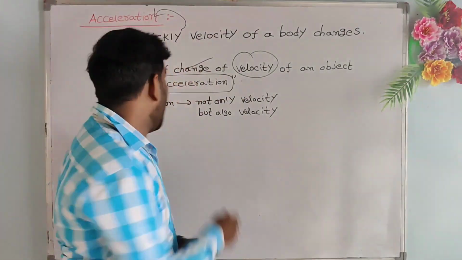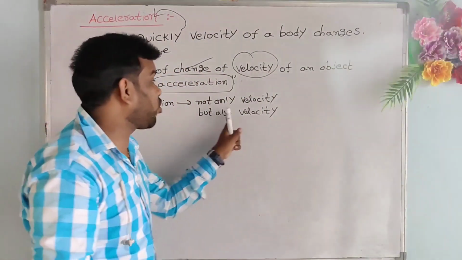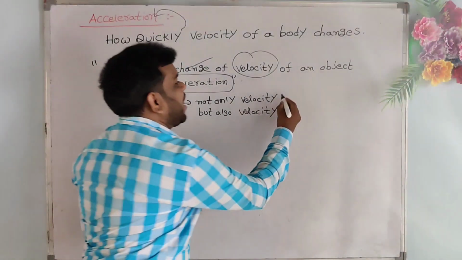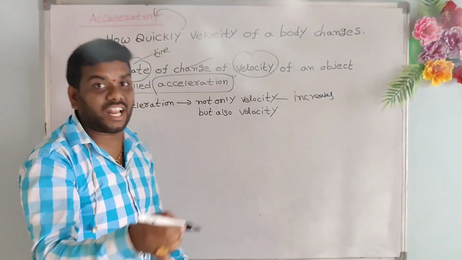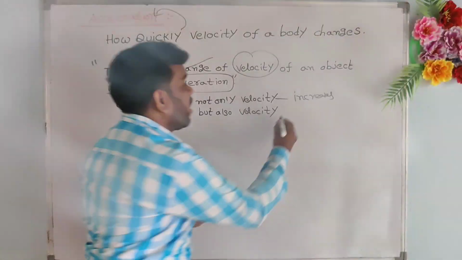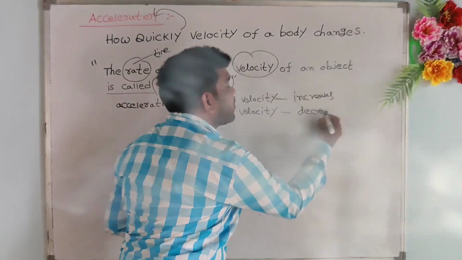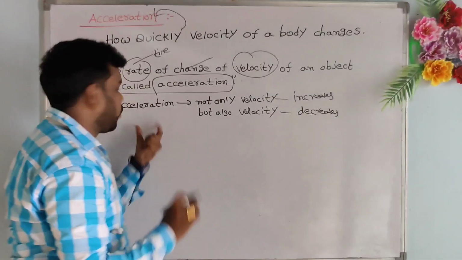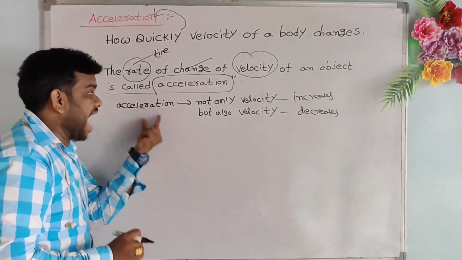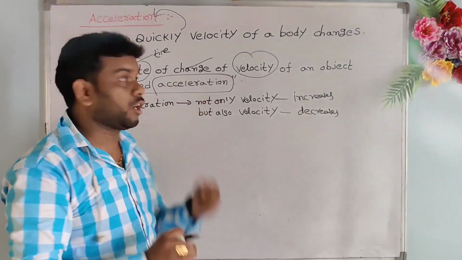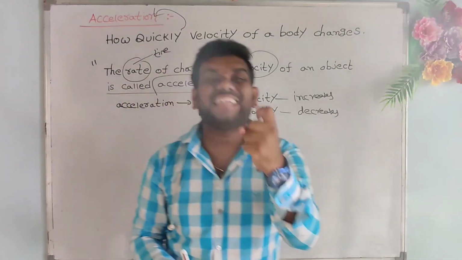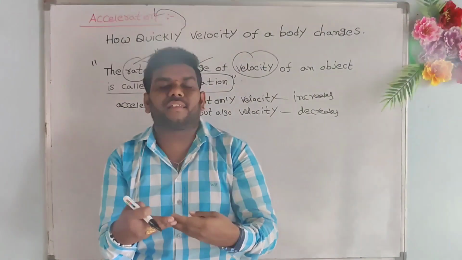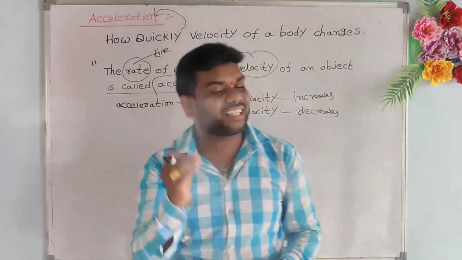That's why acceleration is not only when velocity increases, but also when velocity decreases. Okay, once again, acceleration depends not only on velocity increasing but also on velocity decreasing. In both cases acceleration is used.